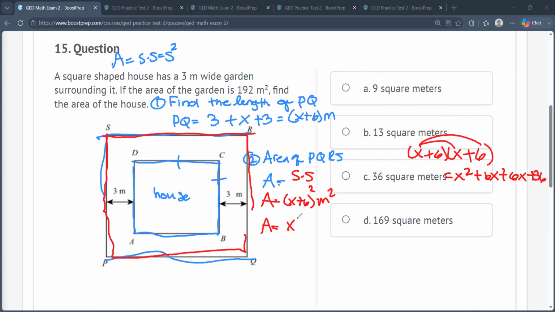So that's X squared plus 6x plus 6x is 12x plus 36. The other way is a little shortcut you can use: (a plus b) squared is the same thing as a squared plus 2ab plus b squared. Your a value will be x and your b value is 6. Then you just put in the formula and you'll get this.